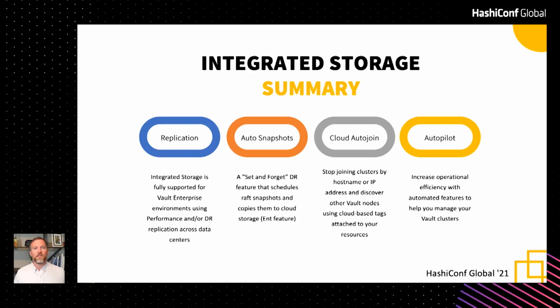But first, I want to quickly summarize some of those features that are available in integrated storage today. Again, we have replication. We have auto snapshots, so we can set up a schedule for Vault to automatically take a snapshot of our data and then place that on an S3 bucket or Azure blob storage.